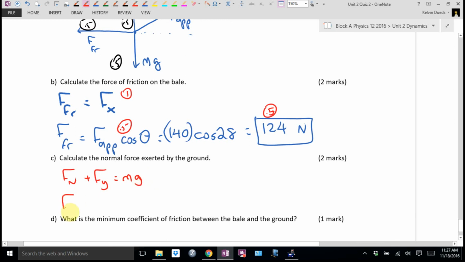I guess normal force is going to be mg minus Fy. Oh, yeah, normal force will be smaller. FYI, what's Fy? Sine, cosine, or tangent? Sine. So it's going to be mg minus 140 sine 28.